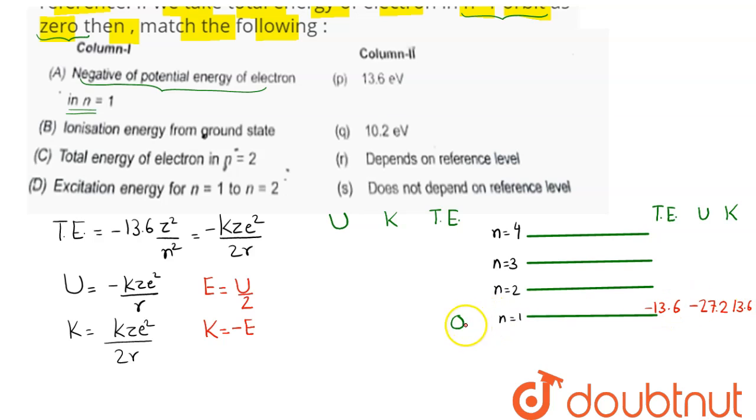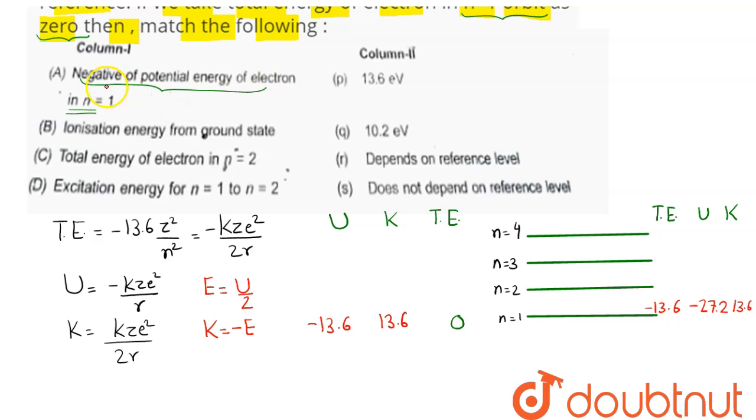If we make the reference of total mechanical energy as 0, kinetic energy will still remain 13.6, but for potential energy, if we add this 13.6, it comes as minus 13.6.